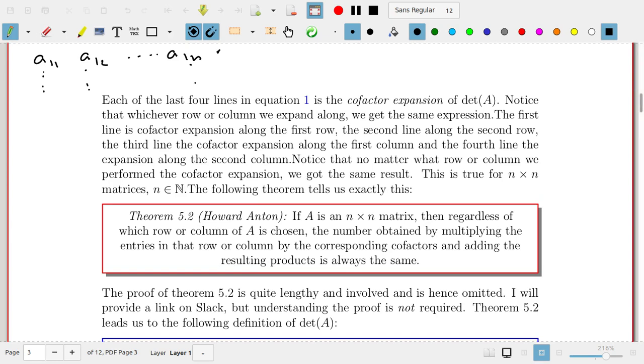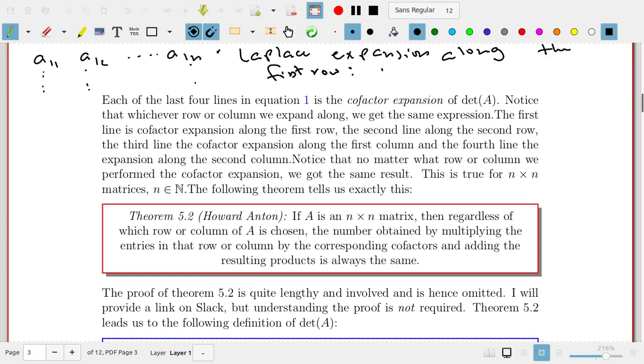So Laplace expansion along the first row is basically A11 C11 plus A12 C12 plus A13 C13, up to A1n C1n.